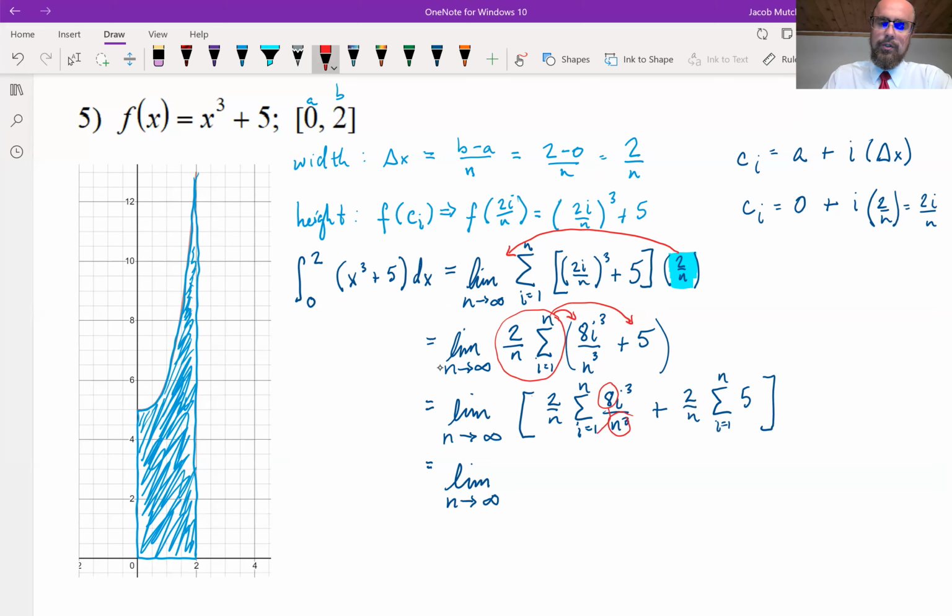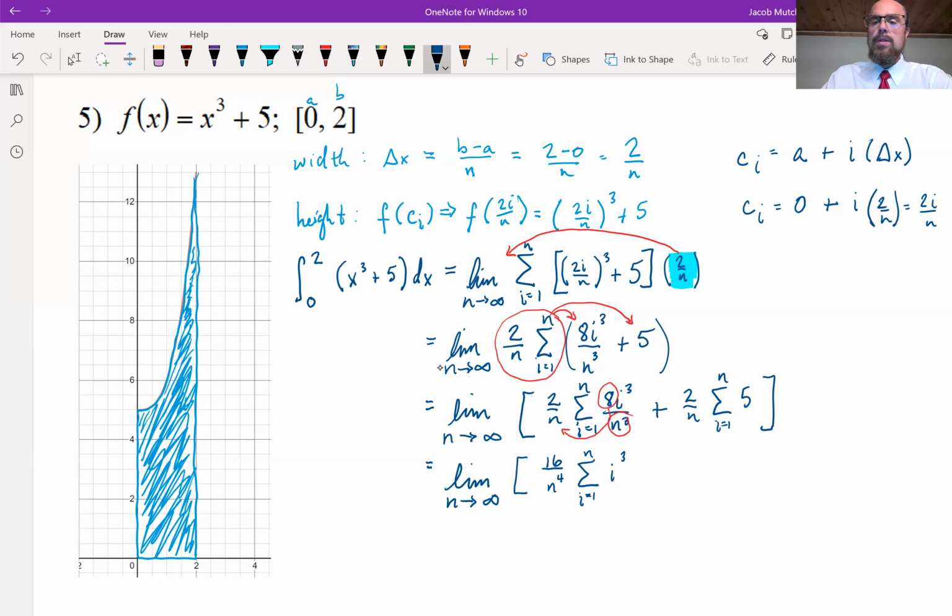So both of those are going to exit the summation, and we'll multiply them with the delta x out there. So what we'll have is limit as n approaches infinity of 2 times 8, that's 16, over n to the first times n cubed, that's n to the power of 4. And now notice all that's left in terms of the summation from i equals 1 to n is i cubed.